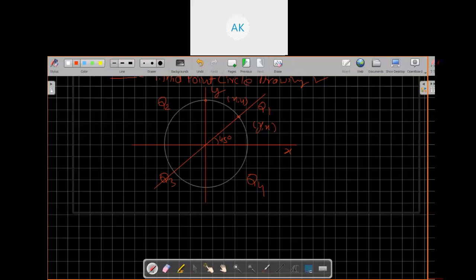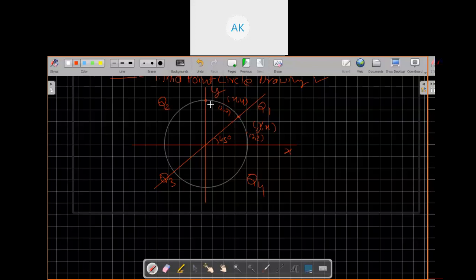Suppose there is one point, say (2, 7). Then the point here will be (7, 2). This kind of property is followed by your circle. Are you getting my point? What I want to say is, your circle follows some symmetric properties.